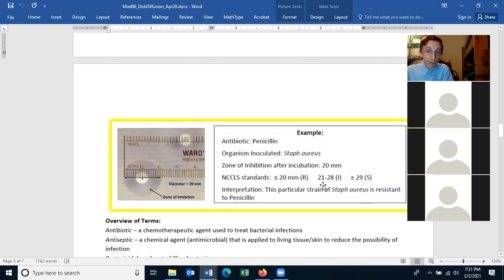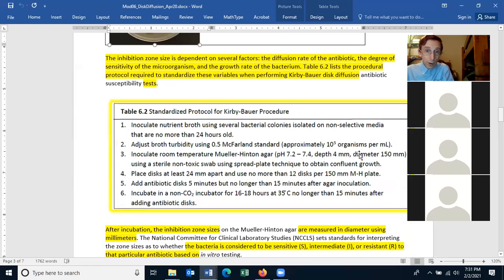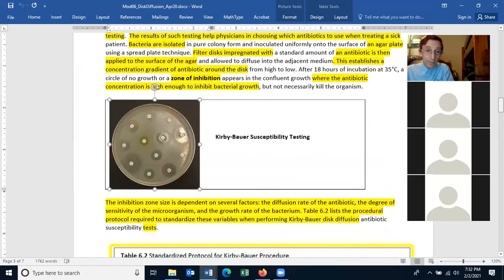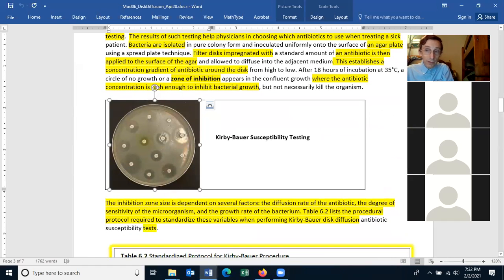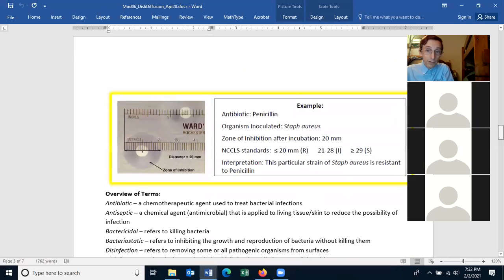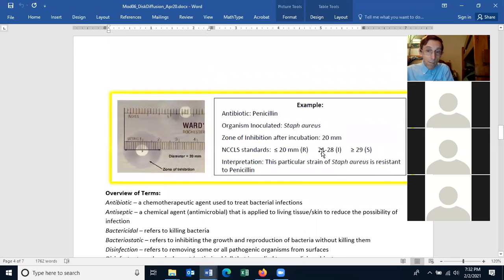And what this table is doing is it's assuming you're following standard Kirby-Bauer procedure, and it's looking at the different sizes and taking into account the diffusion of the antibiotic through the disc, through the agar. Penicillin, I think, diffuses okay, and 20 millimeters is a moderate size.